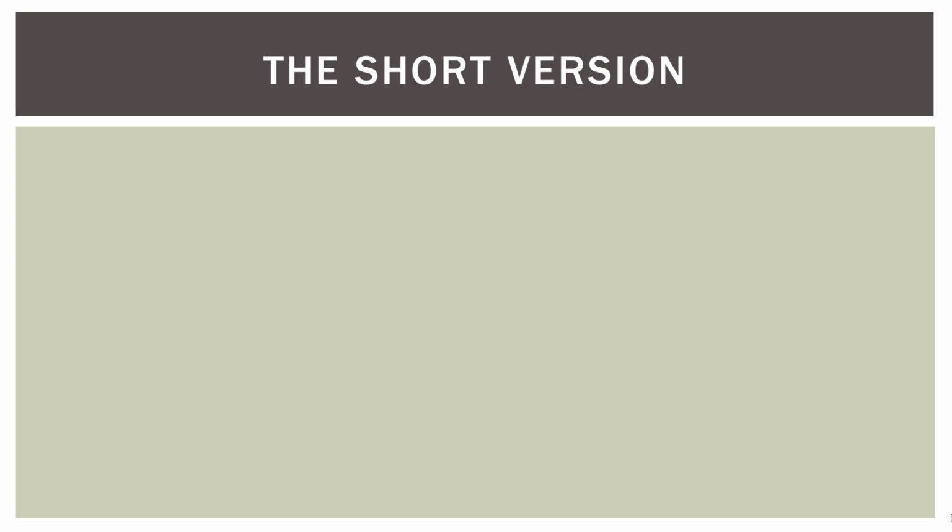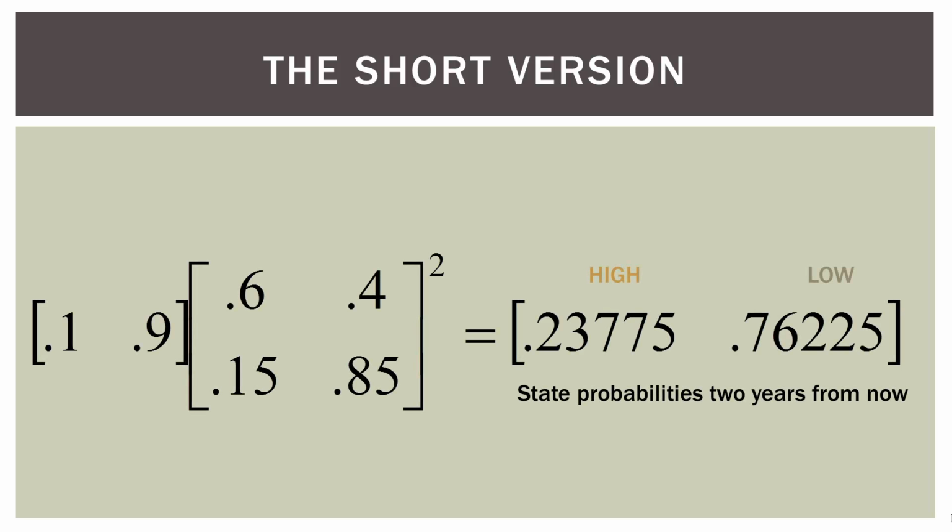Now here's the shorter version. Look at what this is here. On the left-hand side, we have our initial state vector. That is just the probabilities out in the general population. In the middle, we have our transition matrix, which always stays the same. That's a transition from year to year regardless.